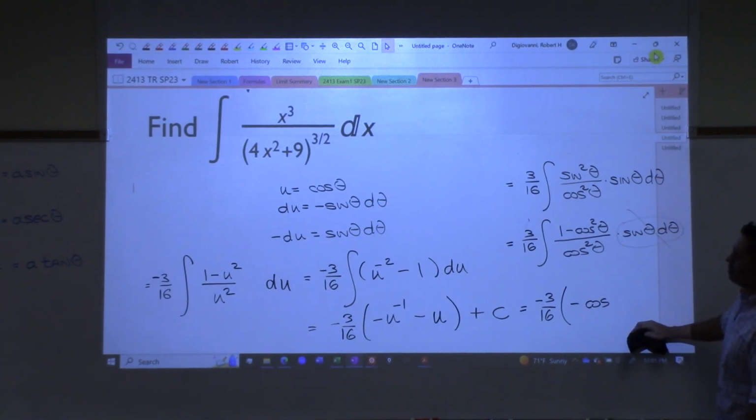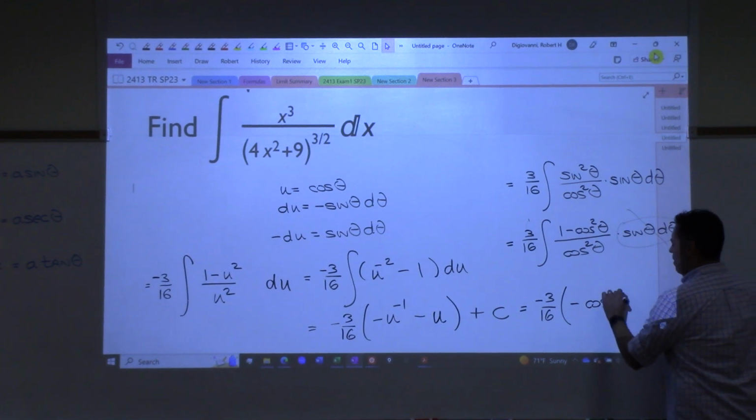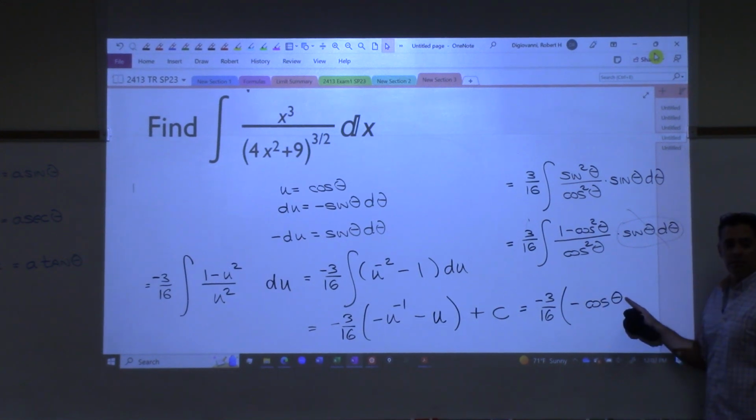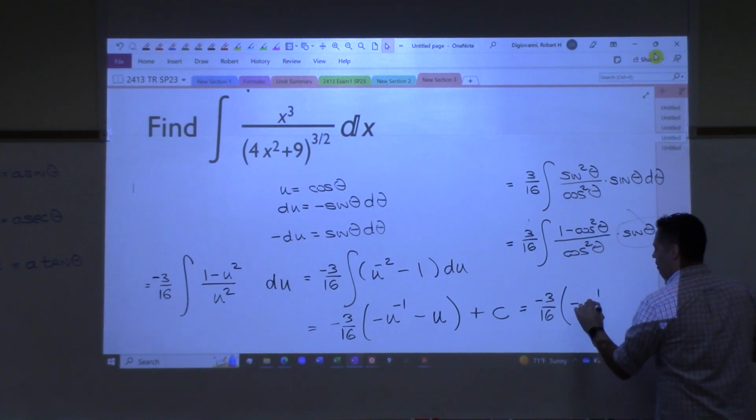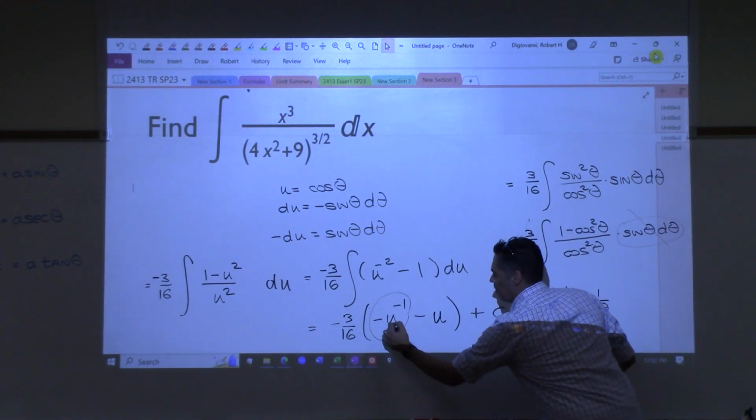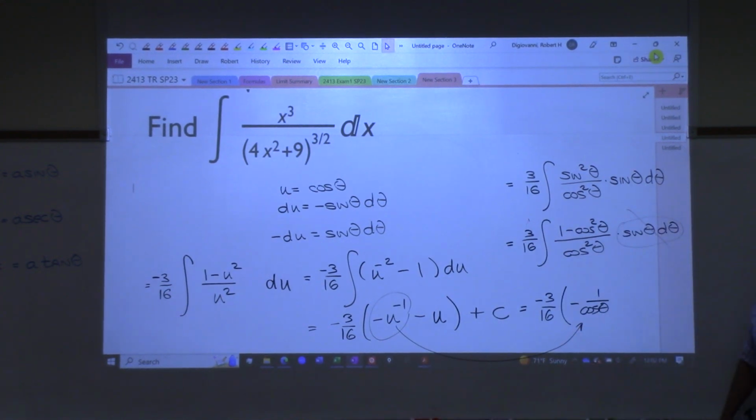What was our u? It was cosine. So it's cosine theta to the negative 1. Does that mean the inverse cosine, or 1 over cosine? 1 over cosine. So I'm going to write it like this: 1 over cosine theta.